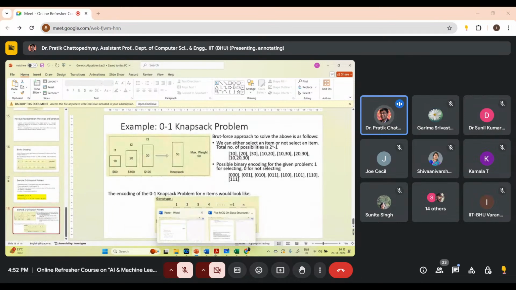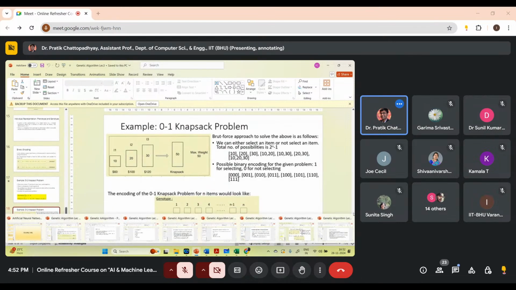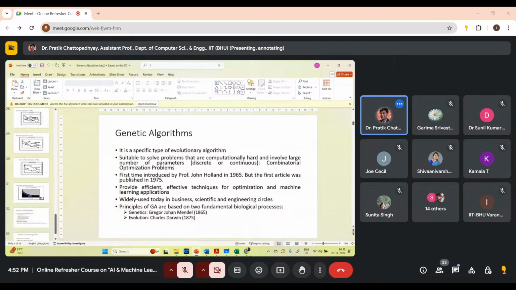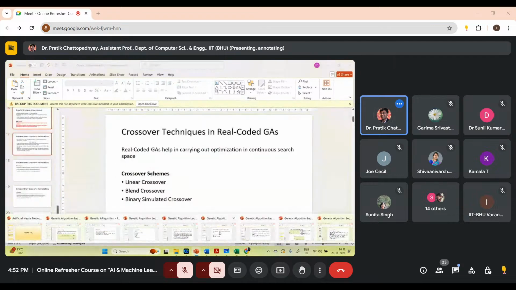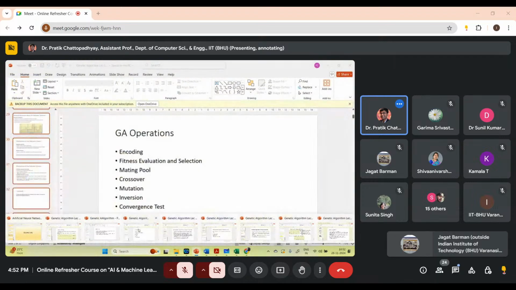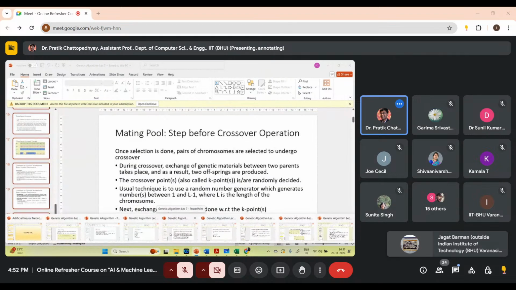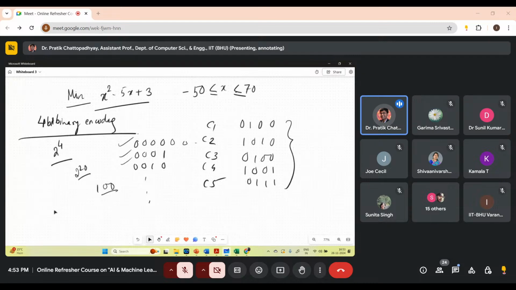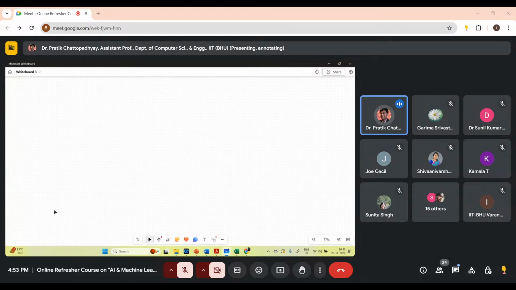I am searching for the selection slide. Anyway, I can explain on the whiteboard if I am missing those slides right now.